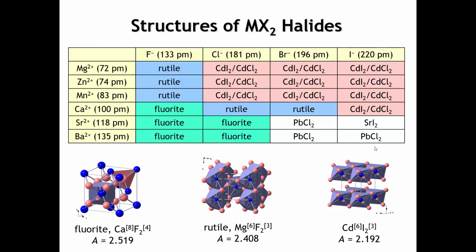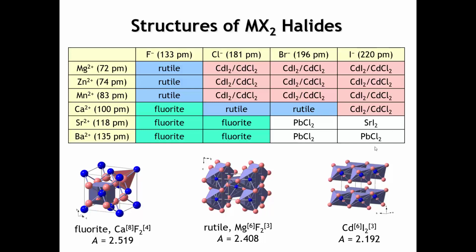Now, let's think about a family of compounds and everything that we've learned about ionic bonding up to this point, and then think about what sorts of structures we would predict to be the most stable. Here we're going to look at 6 different cations and 4 different halide anions that together form these MX2 structures.